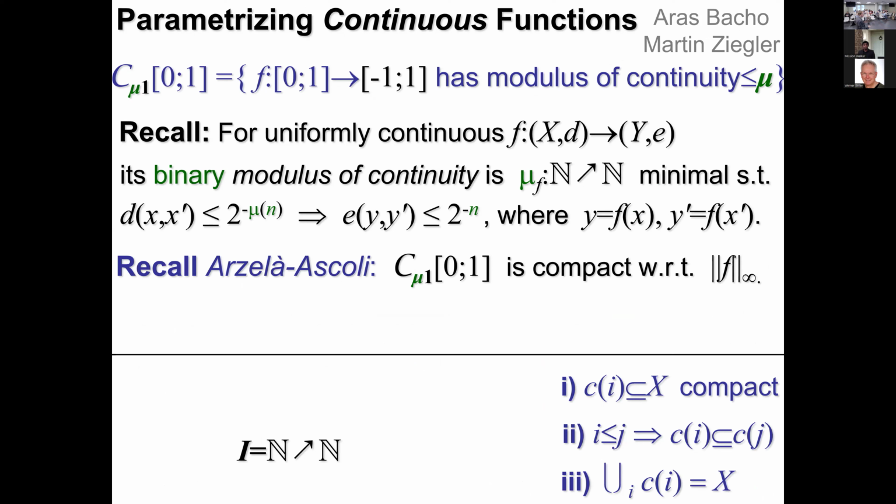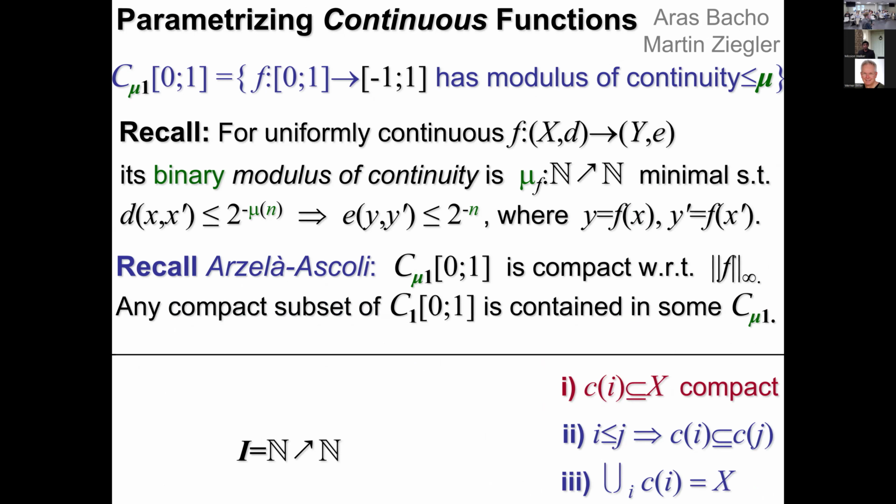According to Arzelà-Ascoli, each of these subspaces is compact with respect to the uniform norm, and also any compact subset is contained in some of these subspaces, so together they cover the space of continuous functions, and that's why modulus of continuity is the common way of parameterizing computational complexity on the space of continuous functions.